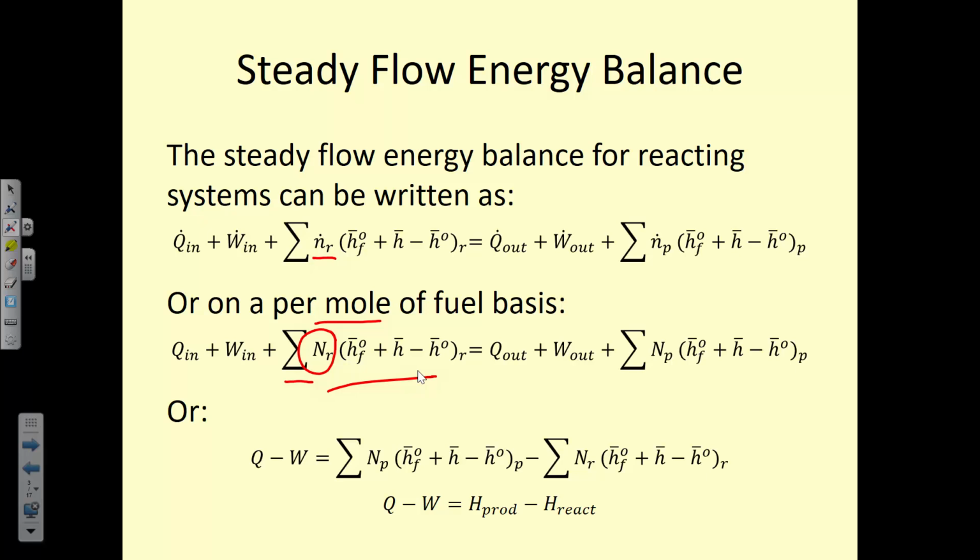So these equations start getting big. Same thing for the products: we have to look at each individual product, how many moles of that product we have at the final stage, and then the enthalpies of that individual product.